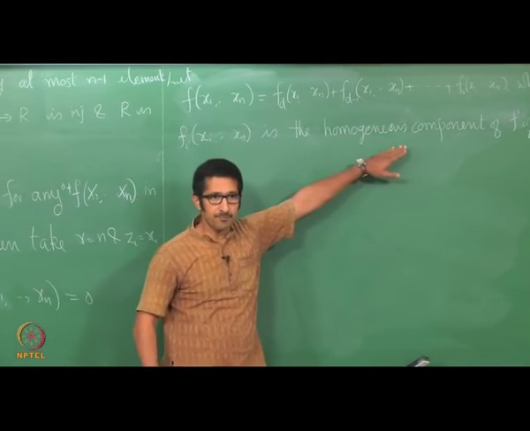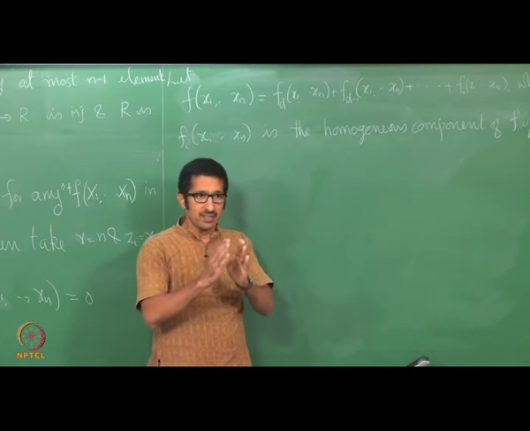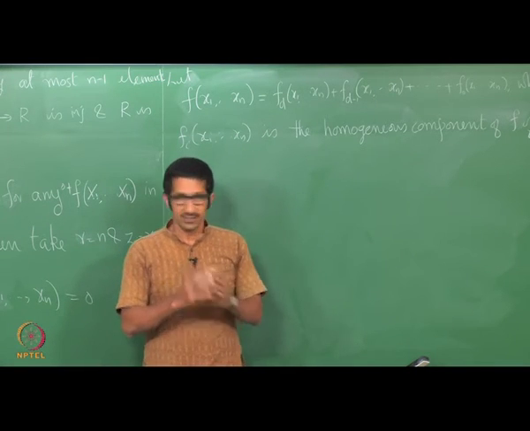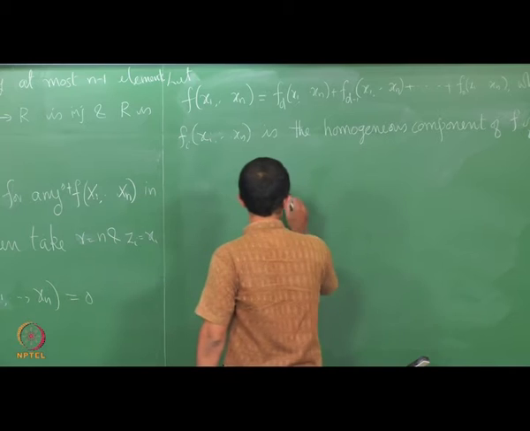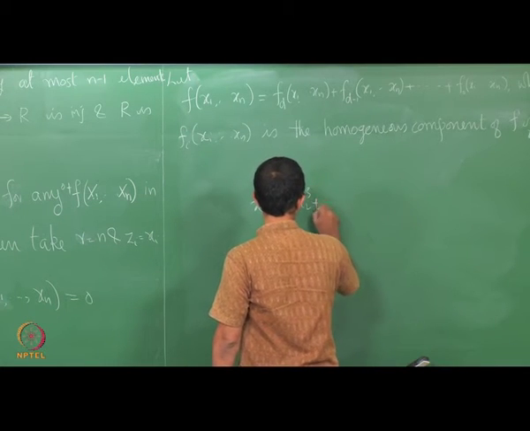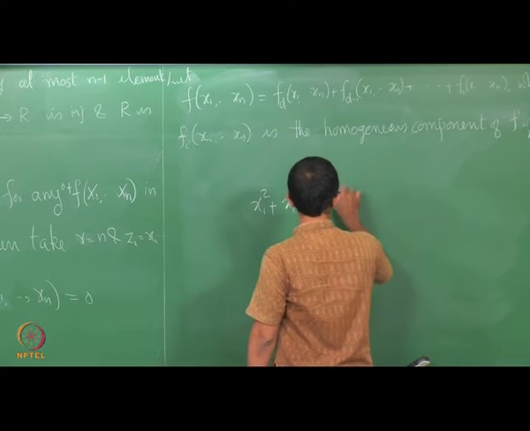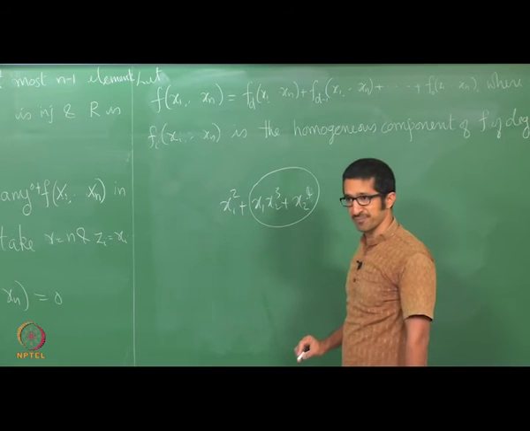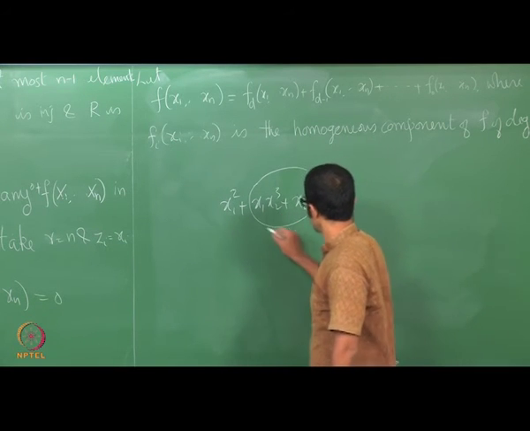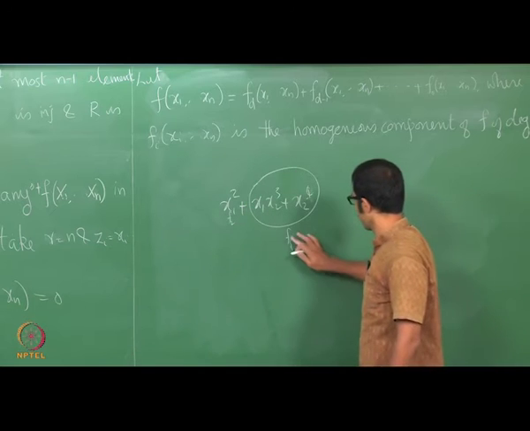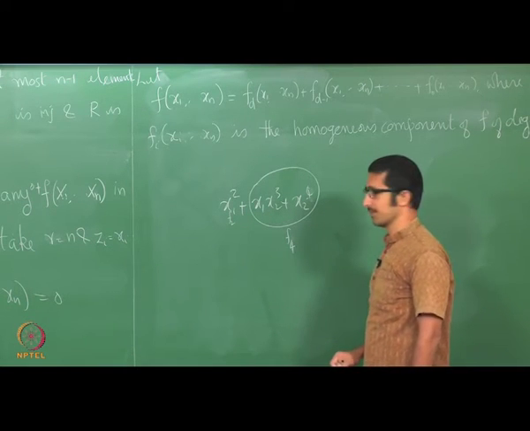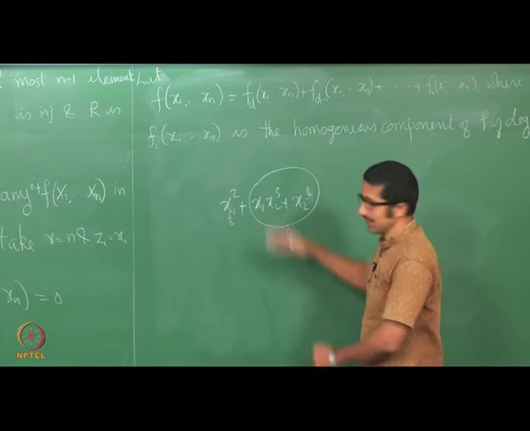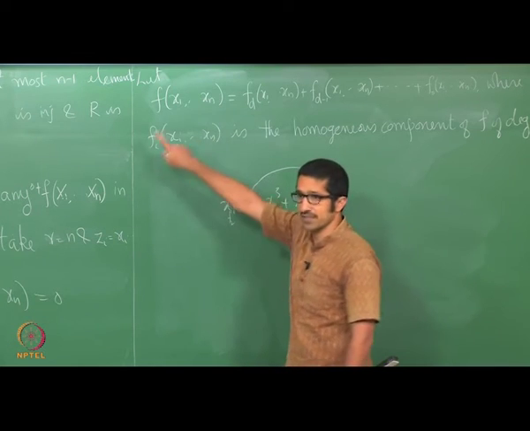Do you understand this? The homogeneous component means the terms of degree i. So, if I take x1 squared plus x1 x2 cubed plus x2 power 4, this is the degree 4 component, this is f4, this is f2. Okay. I collect all the terms of the same degree and write this as f_i.